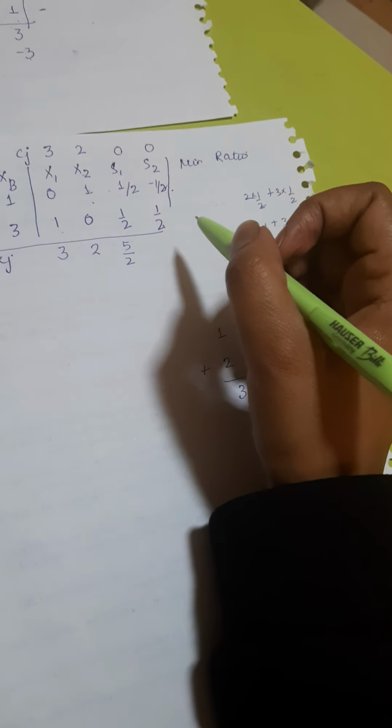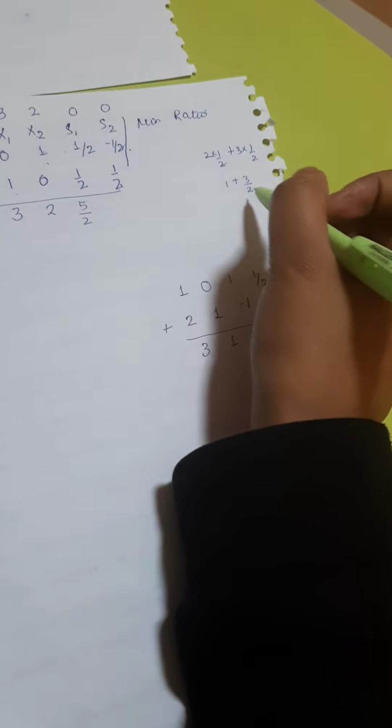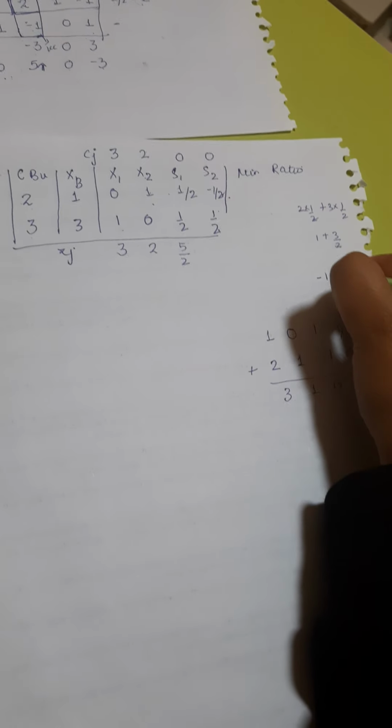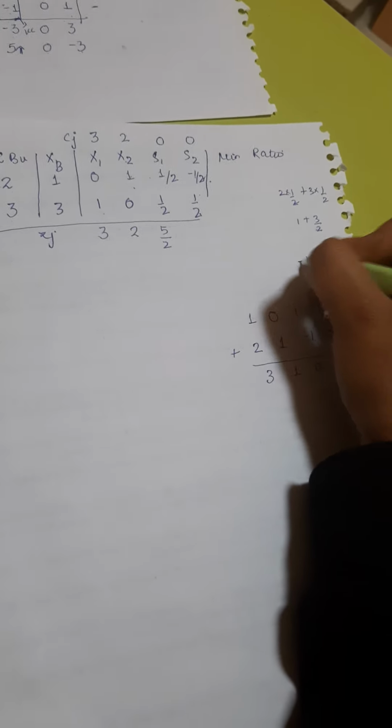And in the next one, 2 into minus 1 by 2, that is minus 1 plus 3 by 2. So this is 1 by 2.